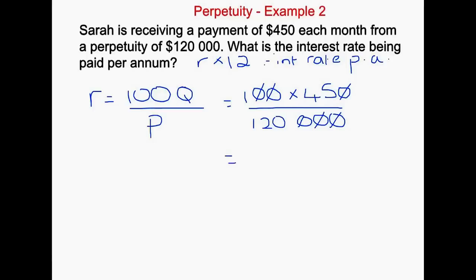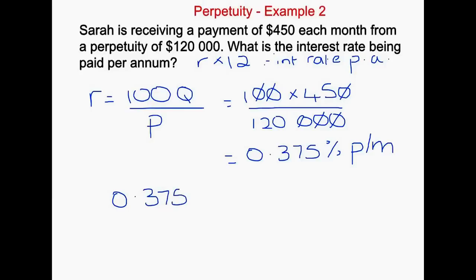Which comes out to be 0.375. That's the interest rate per month. We then need to times that by 12 to get the interest rate per annum. So 0.375 times 12 equals 4.5% per annum.